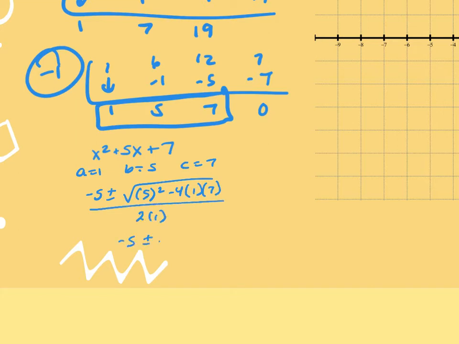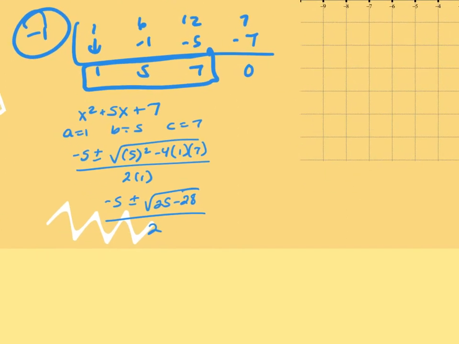Negative 5 plus and minus the square root of 25 minus 28 over 2. So now I've got an imaginary root. Negative 5 plus and minus the square root of negative 4 over 2 means it's 2i over negative 5 plus or minus 2i over 2.